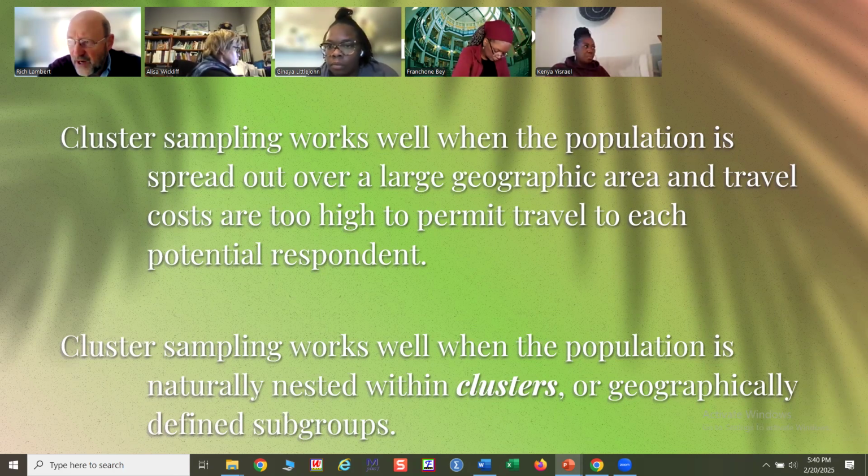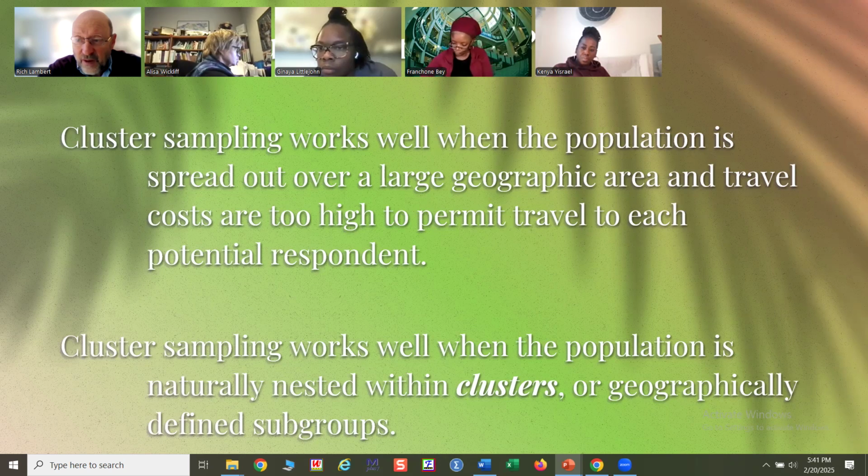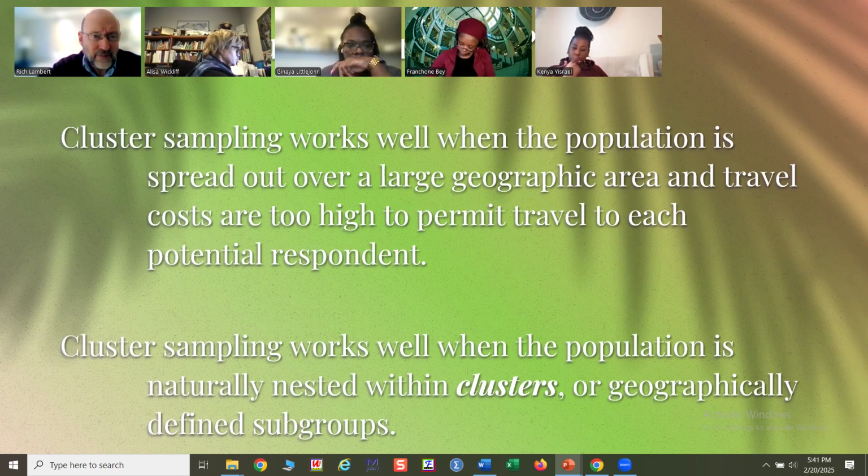So one way to think about this is sometimes it's impractical to do a true simple random sample. Rather, it will be much easier to take samples of clusters and then access the people you're after through the clusters. So think about it this way. If I was going to do some kind of assessment of all the children in Charlotte-Mecklenburg schools, but I didn't have the time and money to do all of them, I wanted to use some kind of sample.